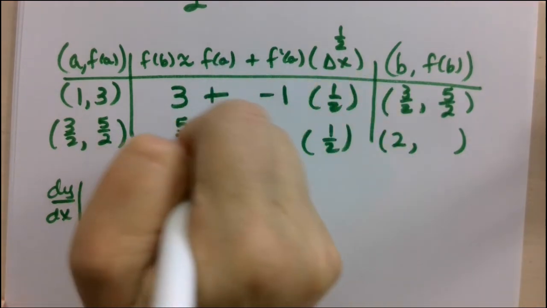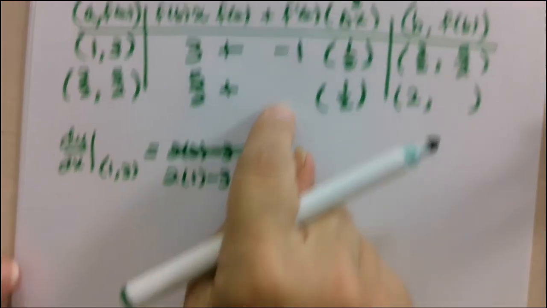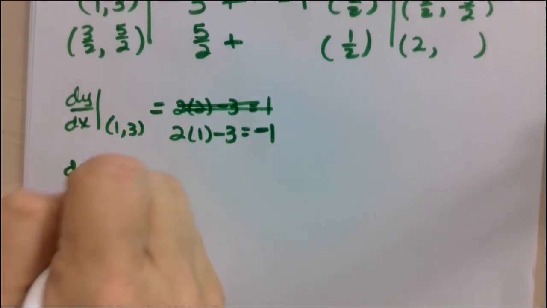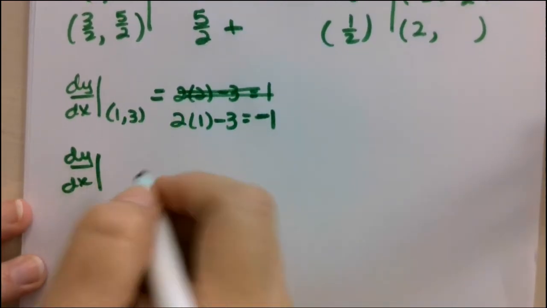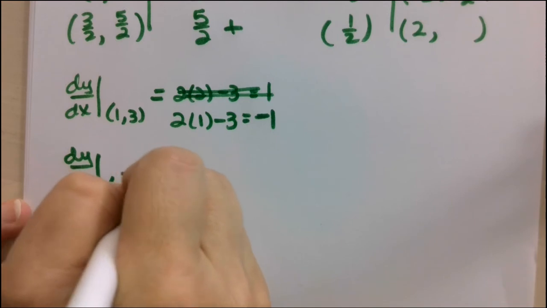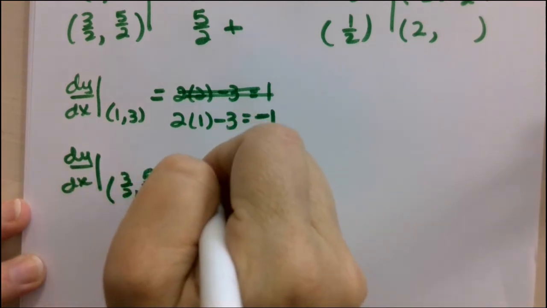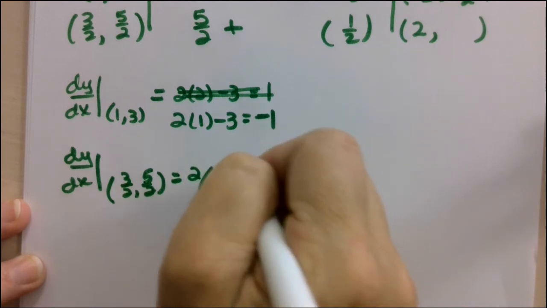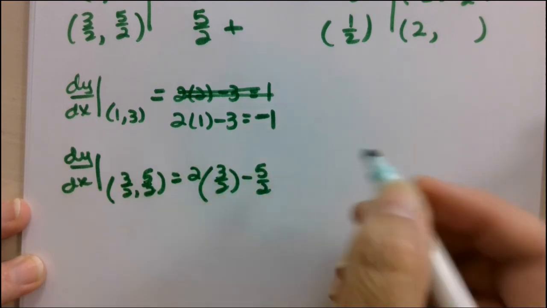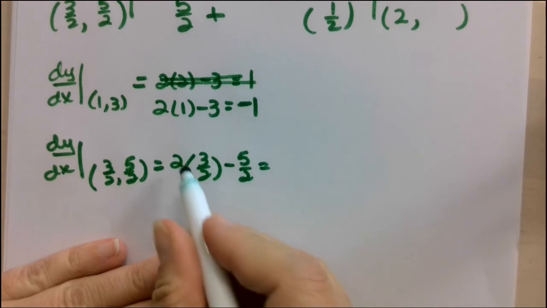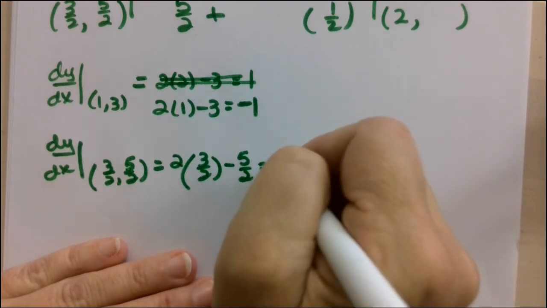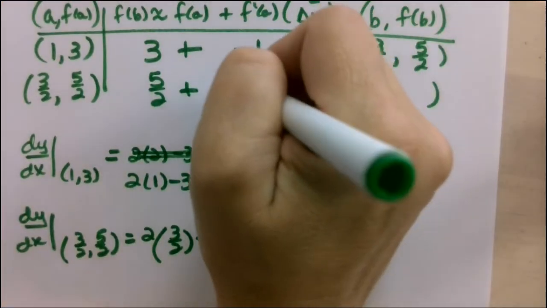f of a is 5/2 plus, I need to calculate a new slope, dy dx at 3/2, 5/2, which is going to be 2 times 3/2 minus 5/2, which is 6/2 minus 5/2, which would give me 1/2.